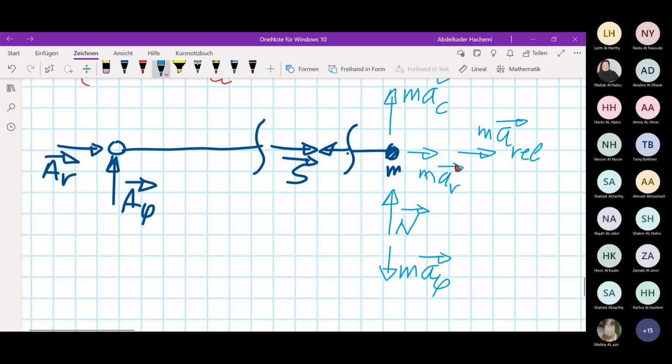Then to be clear, here we have AR. This is the unit vector in radial direction, and this is the unit vector in phi direction.